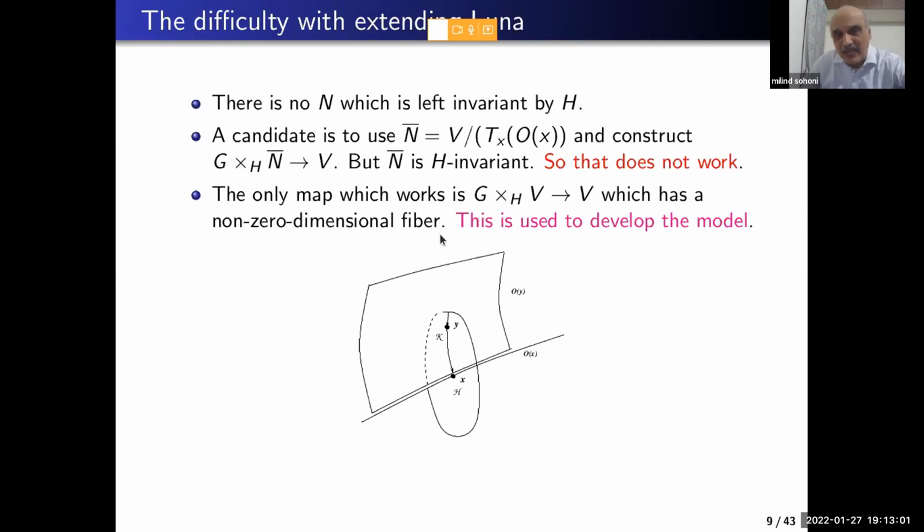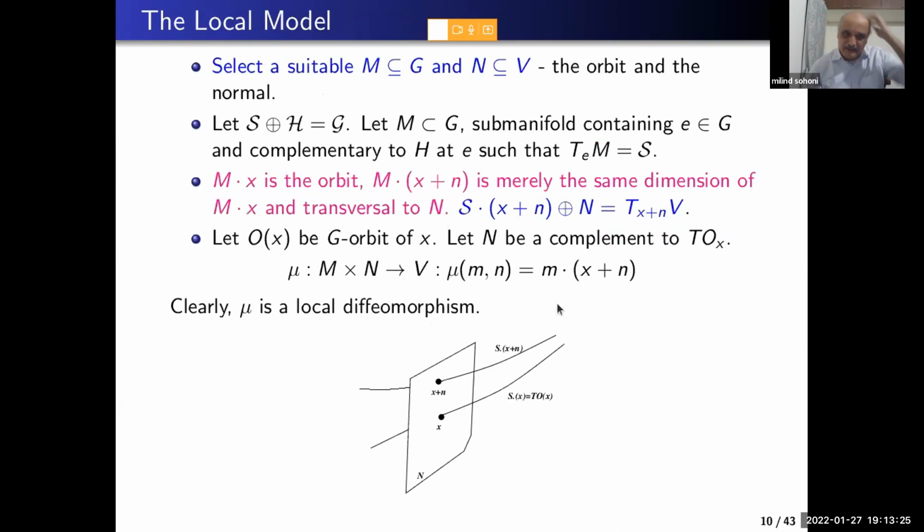So the only map which holds in this setting is G ×_H V, the associated bundle with V as the fiber, mapping to V. And this is exactly what we use to construct our local model. But note that this G ×_H V has a non-zero dimensional fiber. Unlike the Luna case, where the dimensions match, here there is a big fiber. So let us just build the local model quickly.